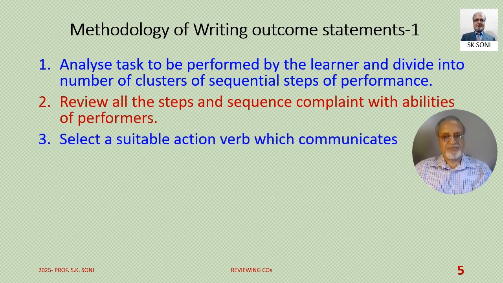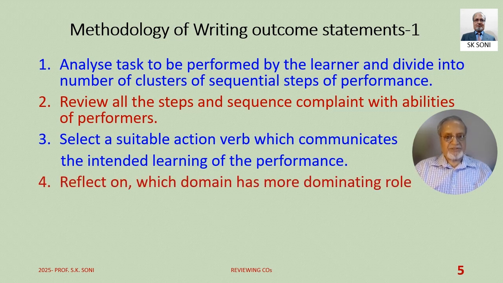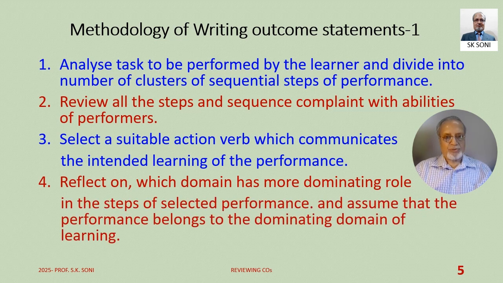Select a suitable action verb which communicates the intended learning performance. Reflect on which domain has the more dominating role in the steps of the selected performance and assume that the performance belongs to the dominating domain of learning.